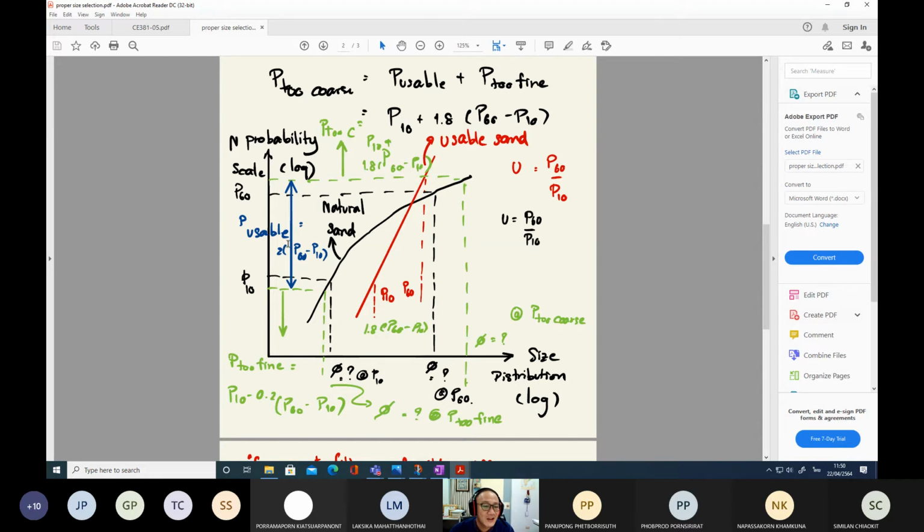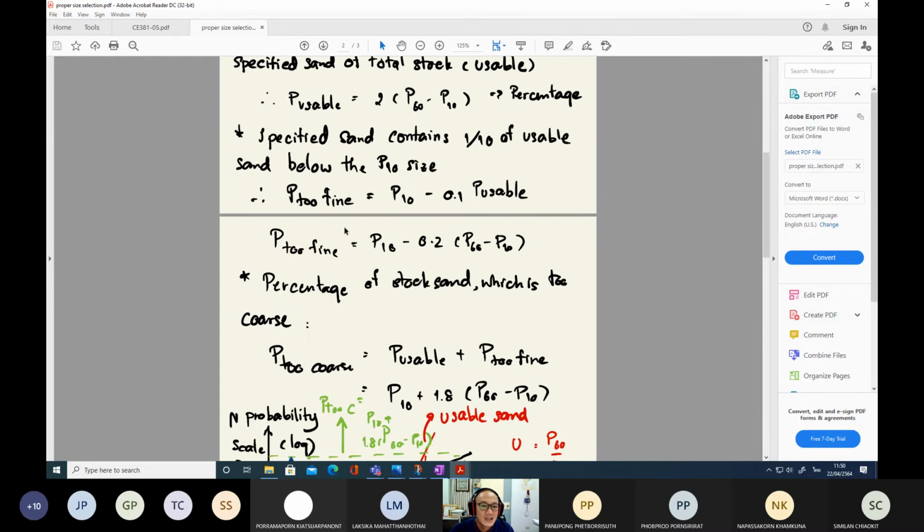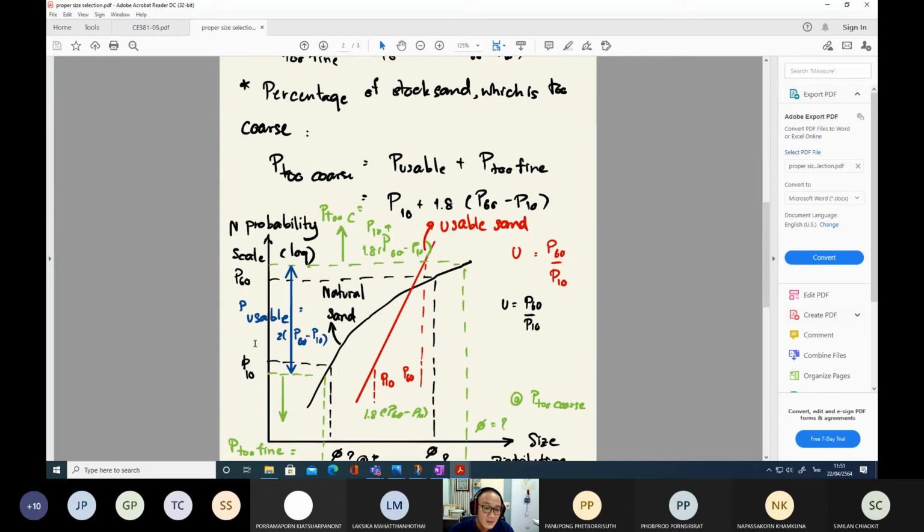But the P2 fines and P2 cost are defined by the definitions that I just mentioned. The specified sands usually contain 10% of the usable sands below the P10 size. So this is the P10. The P25 usually contains 10% below the P10.